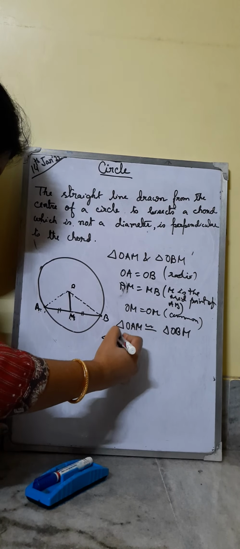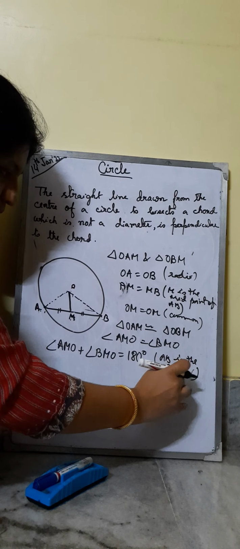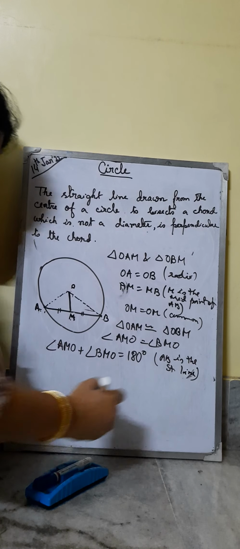And angle AMO plus angle BMO equals 180 degrees, because AB is a straight line, right? Straight line.